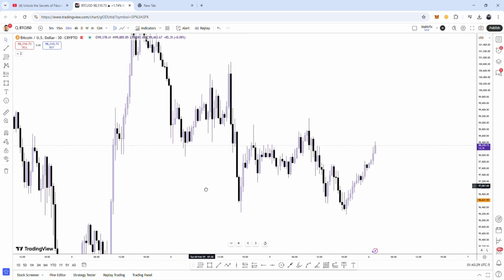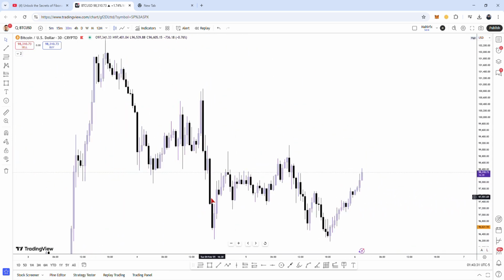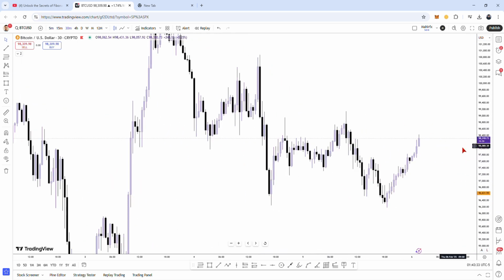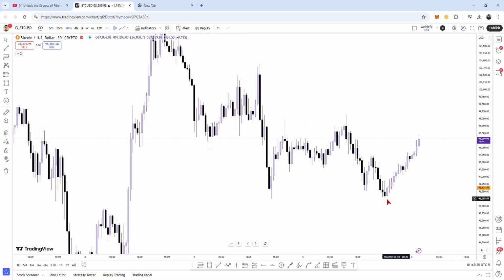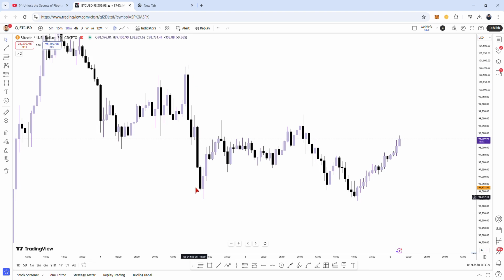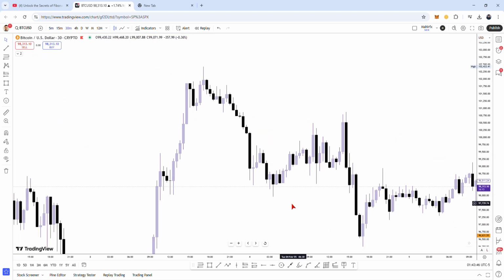So going to 30-minute, we have to identify the lower swing and higher swing. That's what matters before anything. Before we can do anything, we have to identify the longer movement.